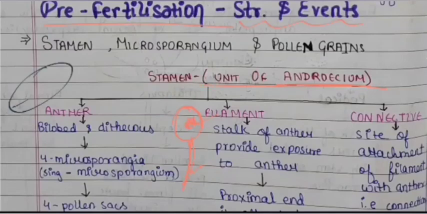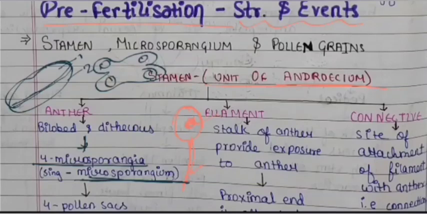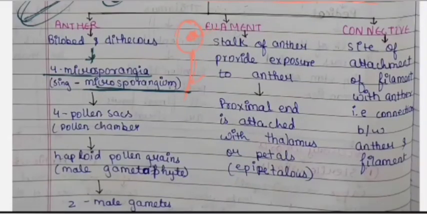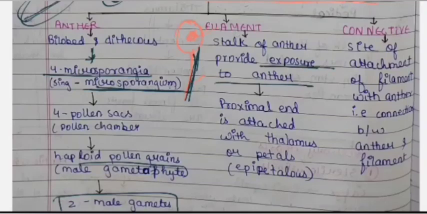The anther is bilobed, which means it has 2 lobes, right? And each lobe has 2 theca. This is the diagram of the theca from inside. Here is the microsporangium in each theca, which consists of pollen sacs, one in each. Basically it forms haploid pollen grains, or we can say male gametes.